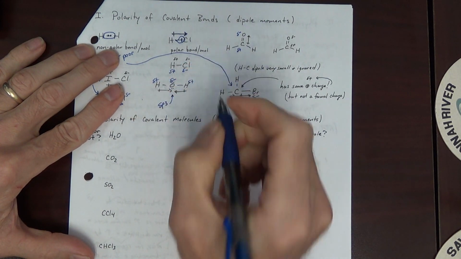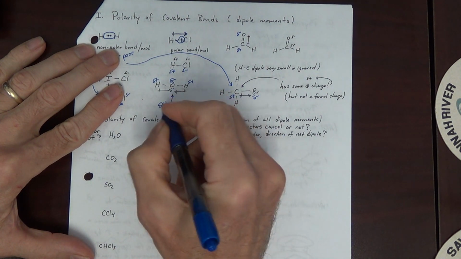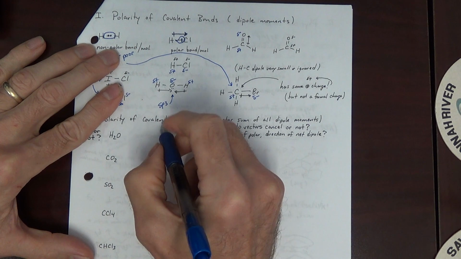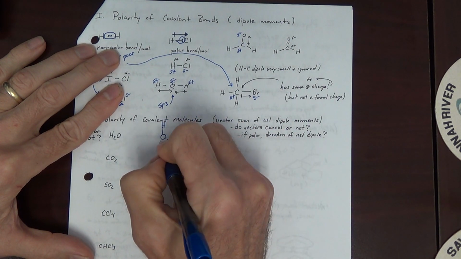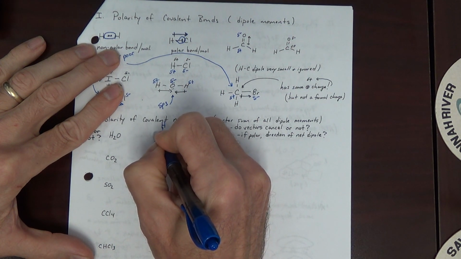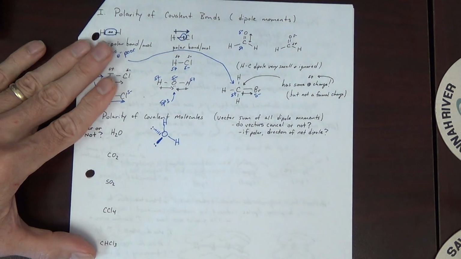It's tetrahedral. If we draw tetrahedral, we can put two in the plane, and then one forward and one back. And these can be the lone pairs occupying those regions.